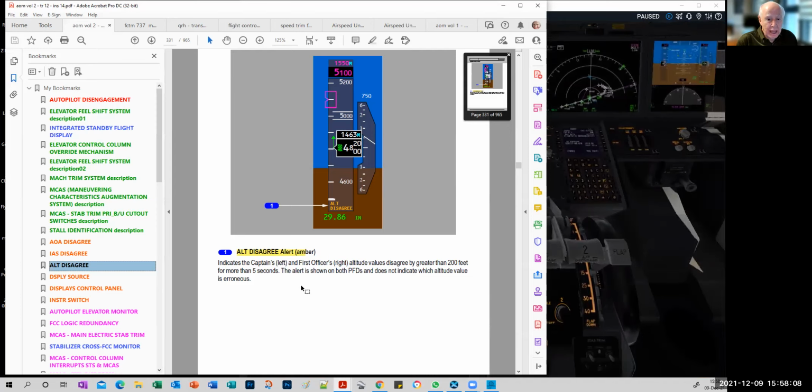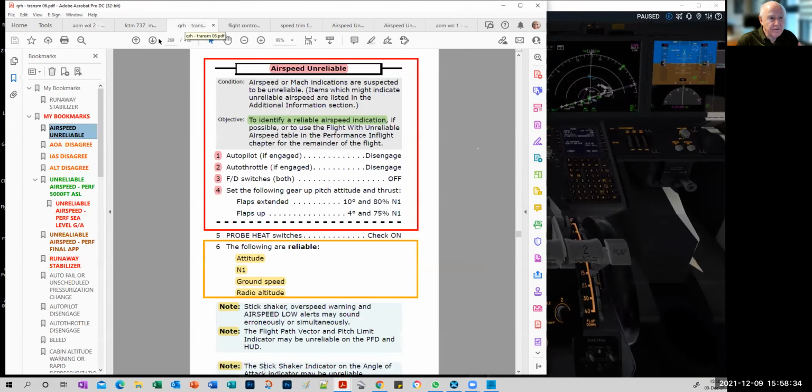Now remember, the AOA disagree and the IAS disagree will take you straight through to memory items, and you've got to do the memory items of the unreliable airspeed. Important. All right, so that is just an overview of what we're going to be discussing later in the QRH in the next video.